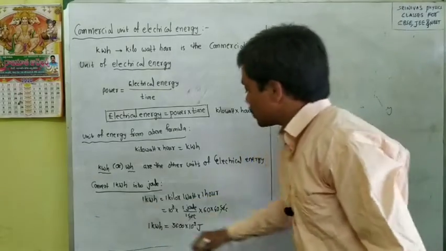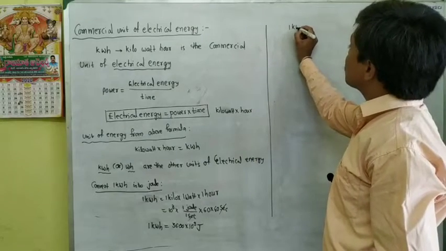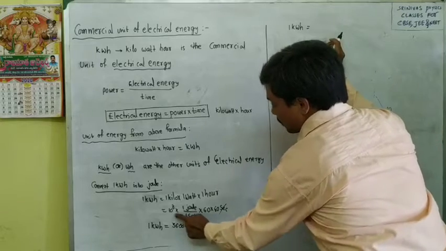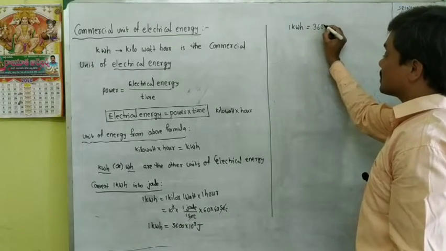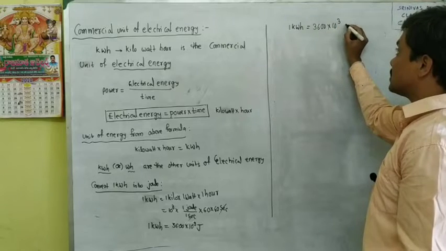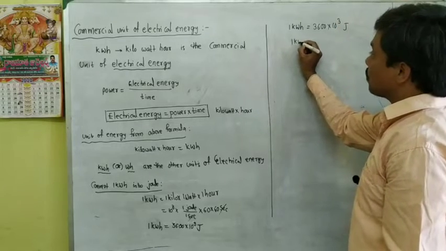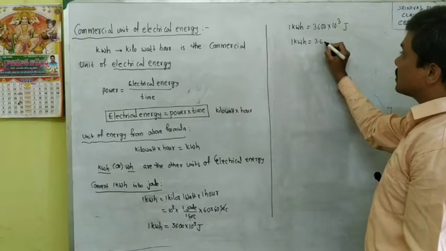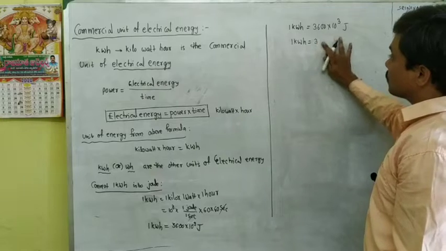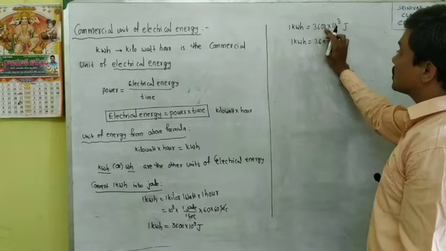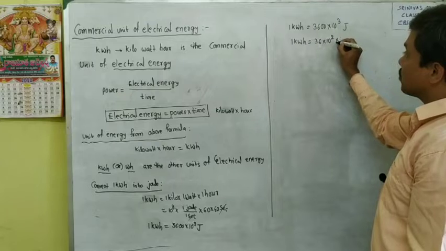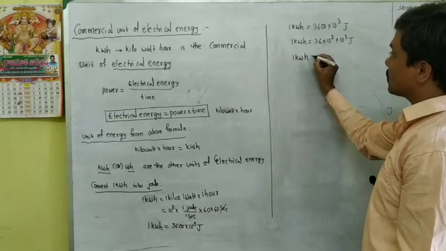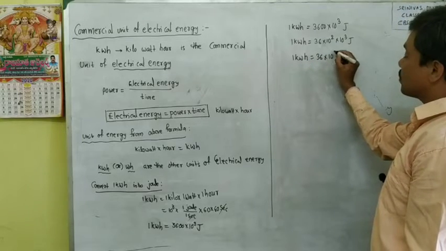Convert kilowatt hour into joules. 1 kilowatt hour is equal to 3600 into 10 power 3 joule. We write this as 36 into 10 power 2, into 10 power 3. Then we will get 1 kilowatt hour is equal to 36 into 10 to the power of 5 joule.